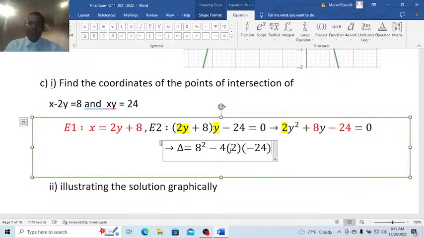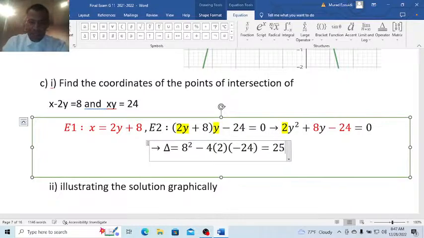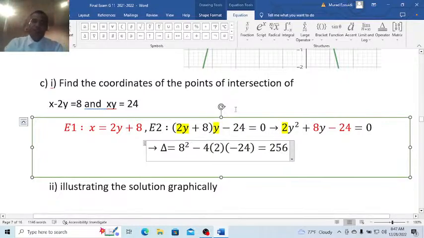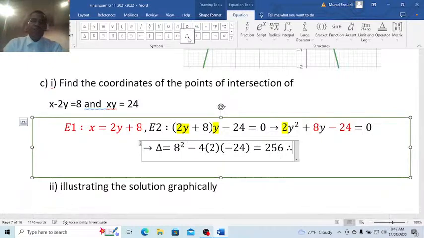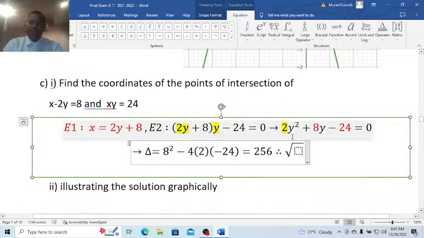You can use a calculator: 8 square, minus times minus is positive, plus 8 multiplied by 24. So this one equals 256. Therefore, the square root of 256 is 16, positive or negative 16.